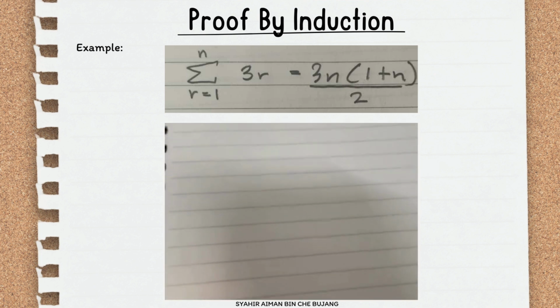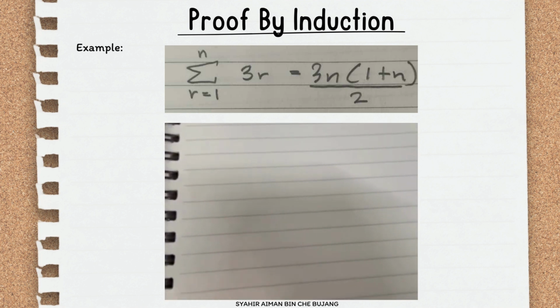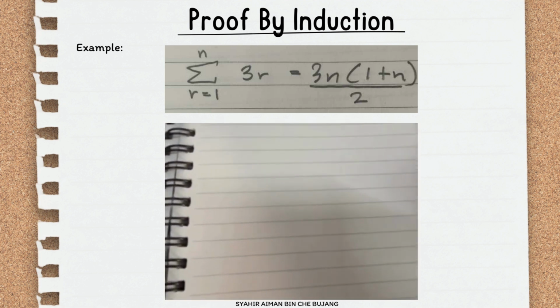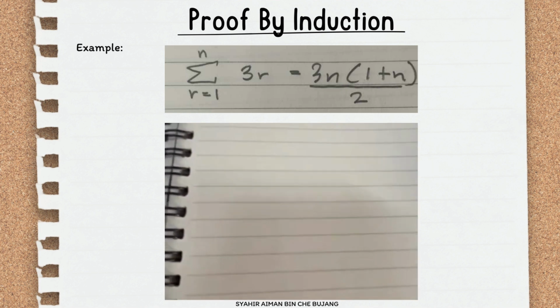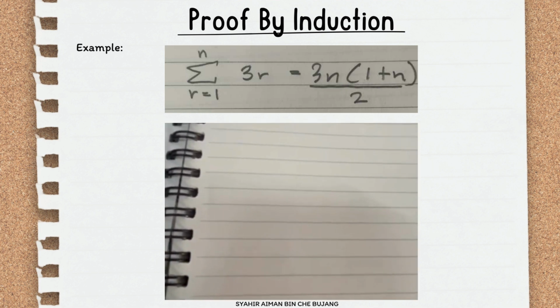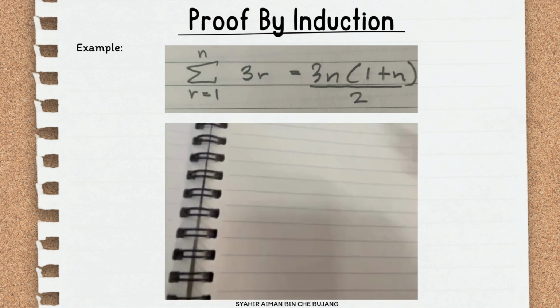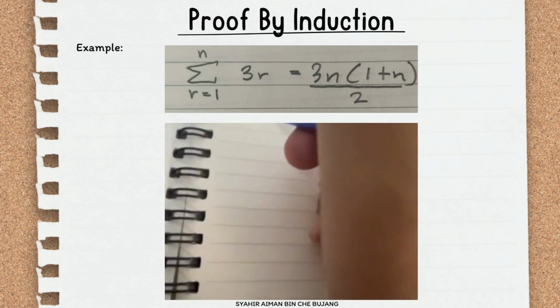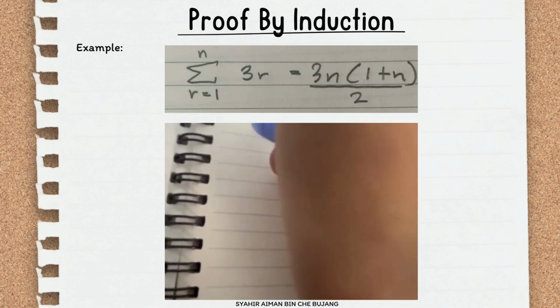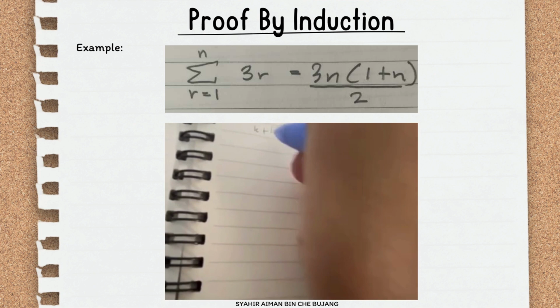The last step is to prove it is true when n equals k plus 1. So first thing first, just like step 2, we convert n to k plus 1.